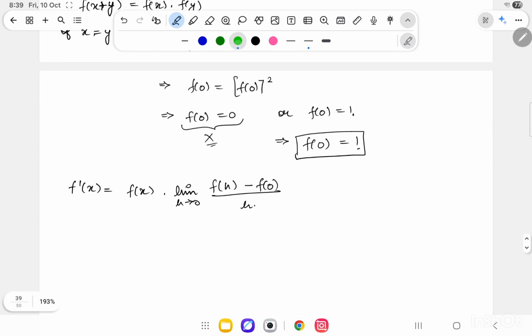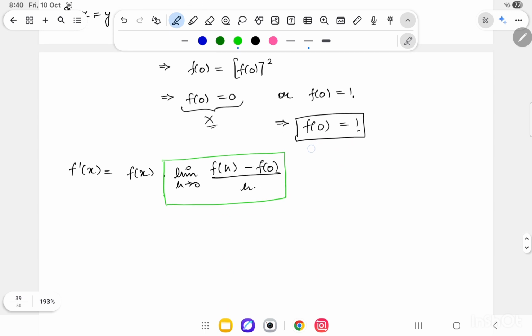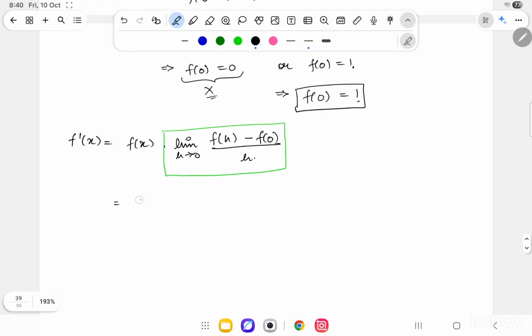Now if you observe, this is basically the definition of f'(0). If in the previous definition I put x equals to 0, I get exactly this. So it is equal to f(x) times f'(0), and in the question they have given us that f'(0) is equal to 2.